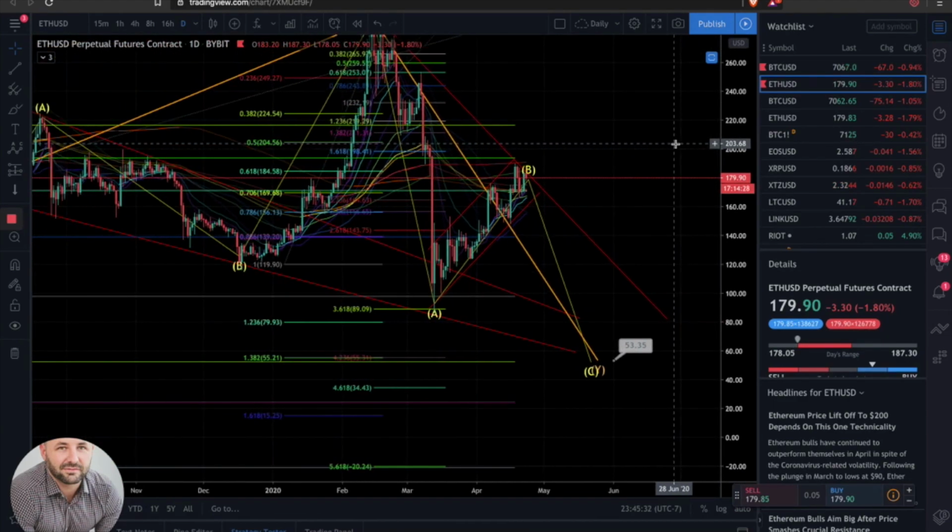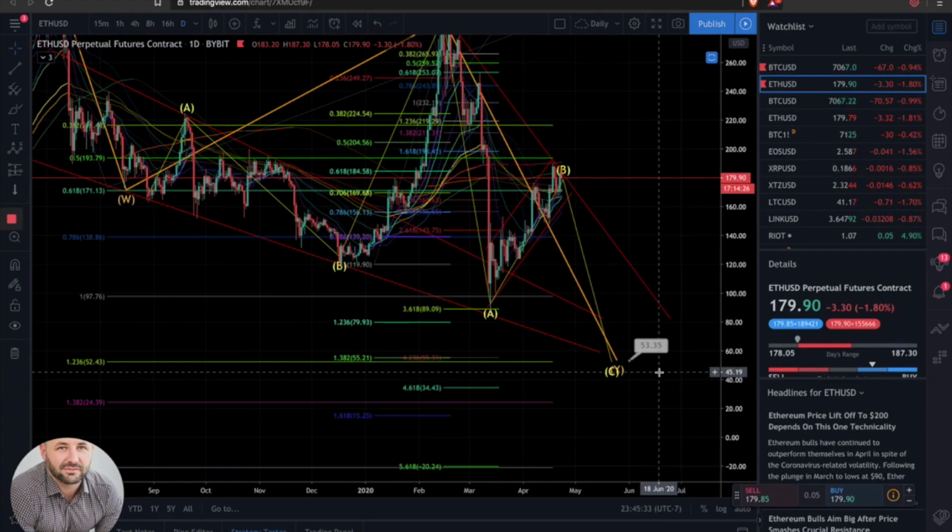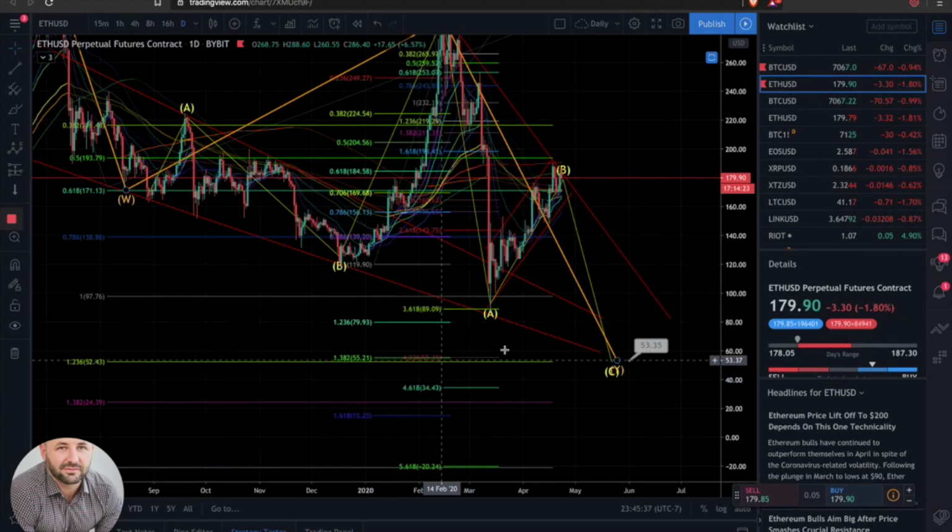For areas of confluence from a fib perspective, we have this cluster of three right here that looks to be a pretty supportive zone: the 1.236, 1.382, and the extended 4.236, all in regards to the WXY, the ABC, and even if this was a five-wave structure down, the 3.618, finishing off the fifth wave at a 4.236, which is right around $50 for ETH.